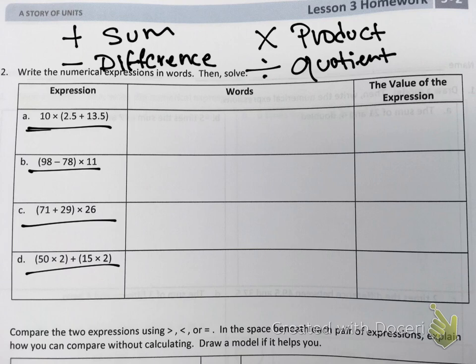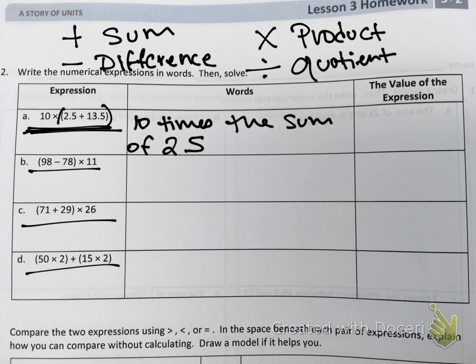So our expression over here says 10 times 2 and 5/10 plus 13 and 5/10. Well, really what this is saying is, remember, our parentheses are the first thing that need to be done. So we could say 10 times the sum of 2 and 5/10 and 13 and 5/10.